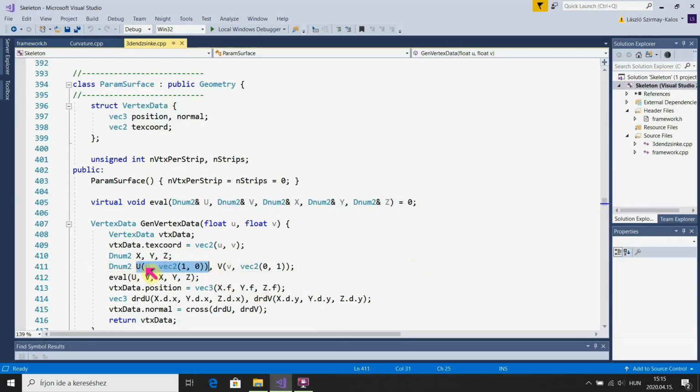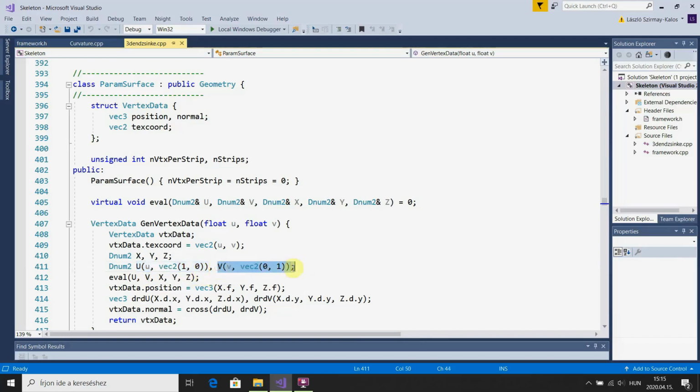Its value is lowercase u, the input parameter, and it has two derivatives, because we have to compute the derivative of the surface evaluation function separately for input variable u and input variable v. Concerning the derivative with respect to u, if we are talking of u, the derivative of u with respect to u is 1, and the derivative of u with respect to v is 0.